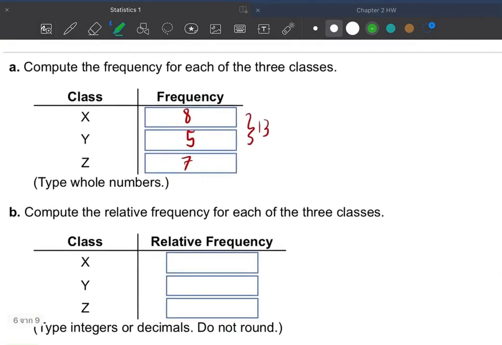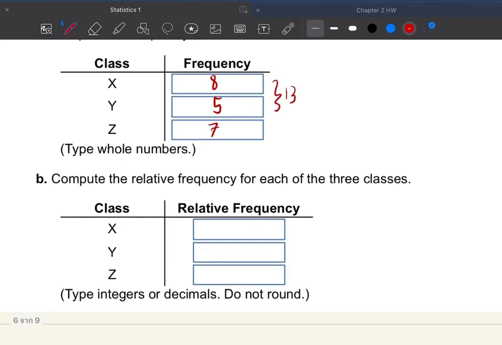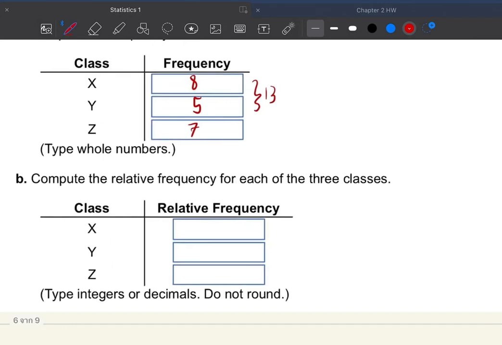So let's move to the B part, the relative frequency. The relative frequency is the frequency divided by the total number. So the relative frequency of x is 8 divided by 20, which is equal to 0.4.